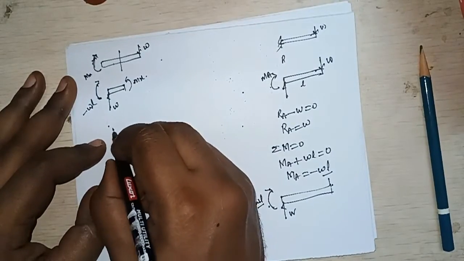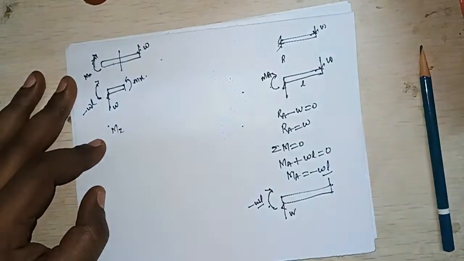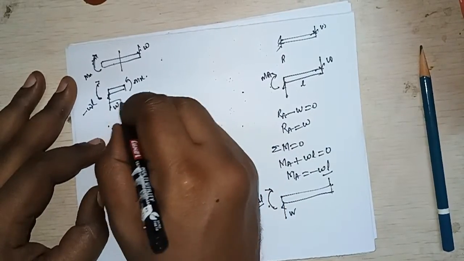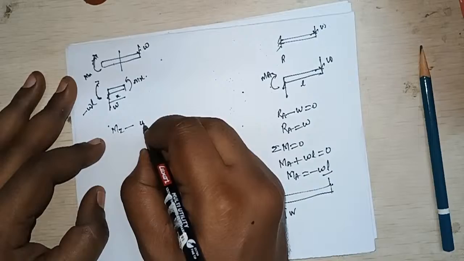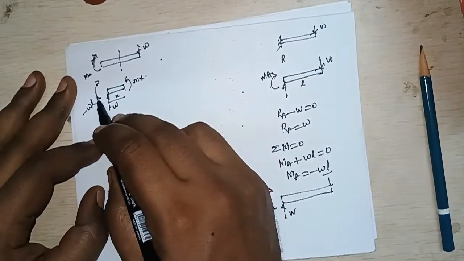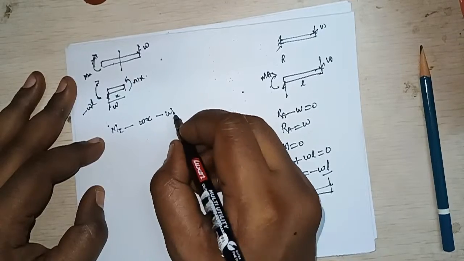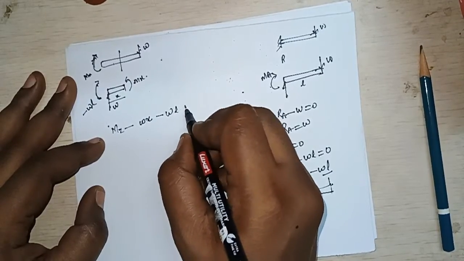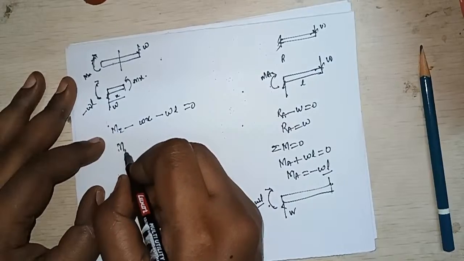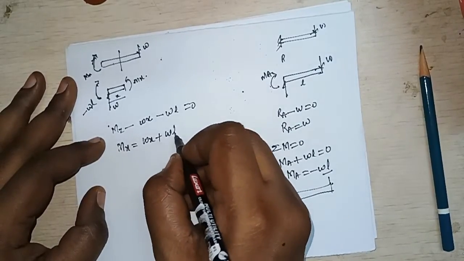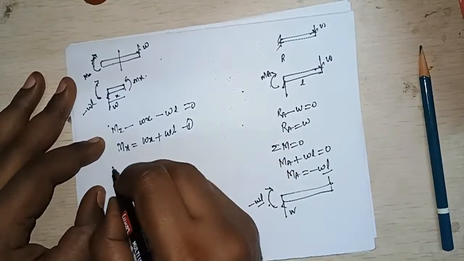So Mx minus, because you have done the section at a distance of x, so W into x, and this is minus moment, minus W into L is equal to 0. So Mx is equal to Wx plus WL. So this is the equation.